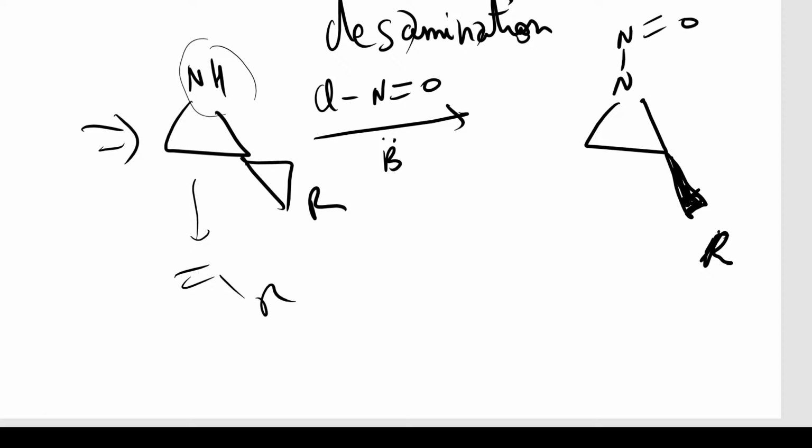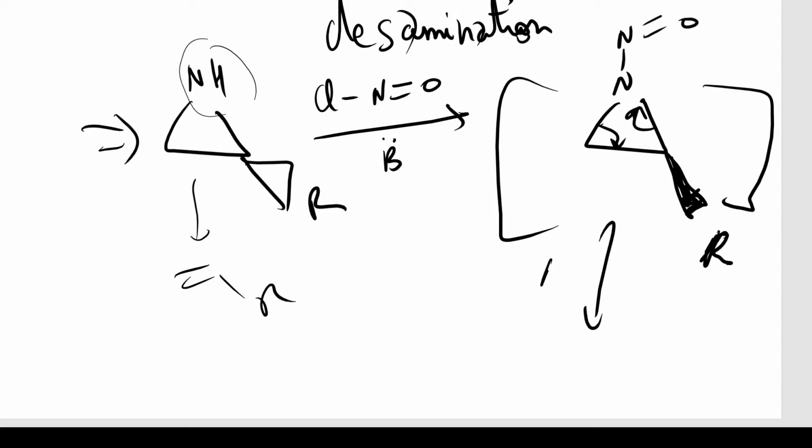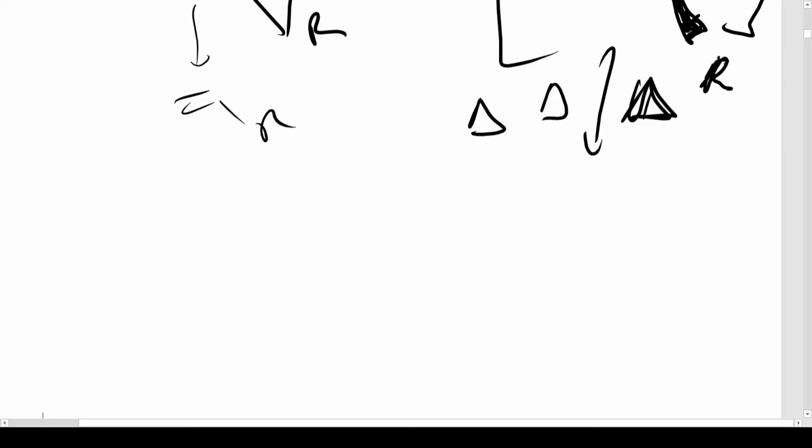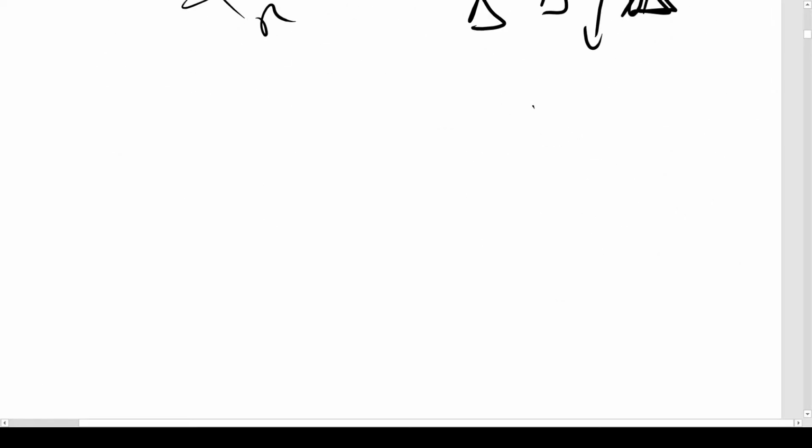We use this reagent, forming this unstable intermediate, and you get an intramolecular cyclization. One is not stable, upon heating you get this product.